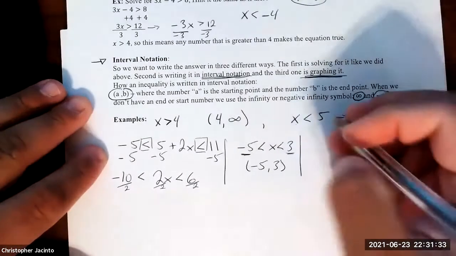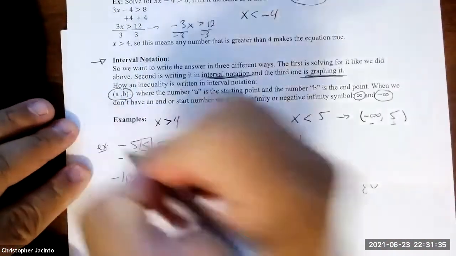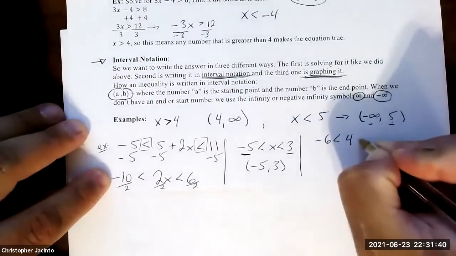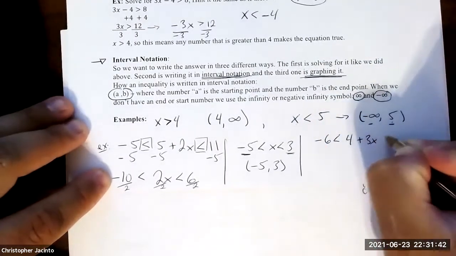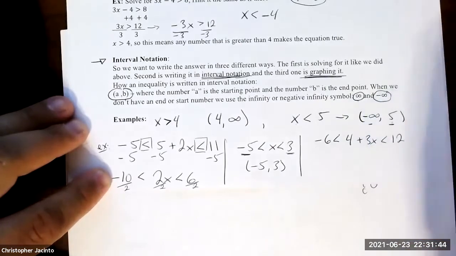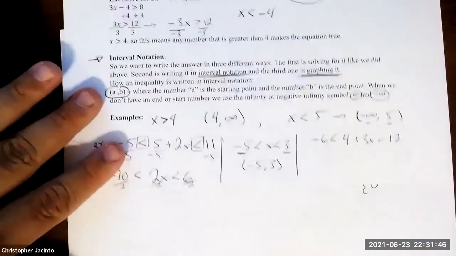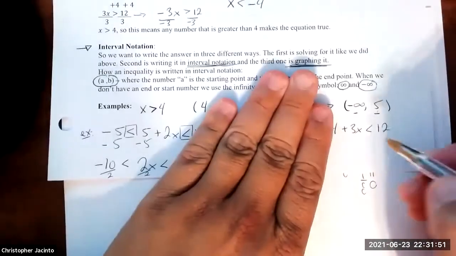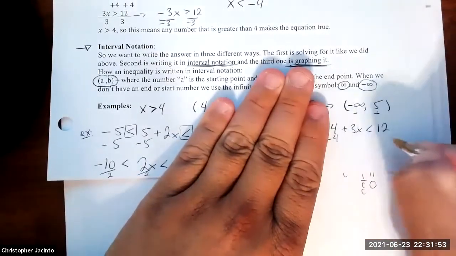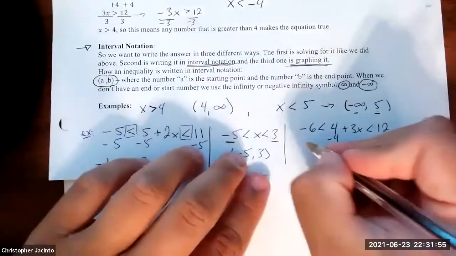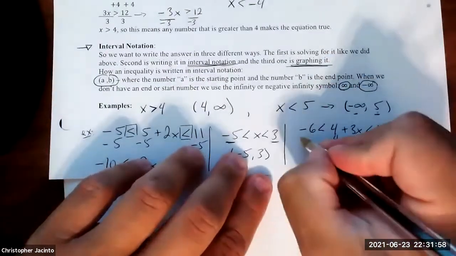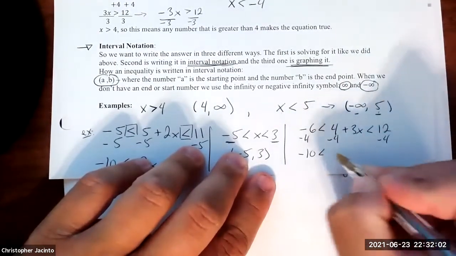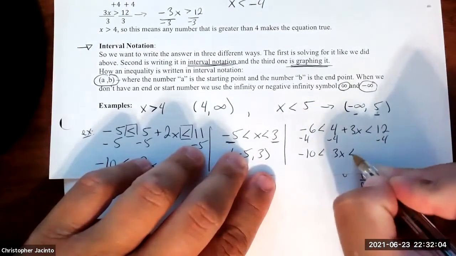So let's just try one more example. Same exact scenario as the last one. In this case, if I just cover this up, I would do -4, -4. But if I cover this up, I have to do it all 3 times here. So this is -10, that goes away, and this is 8.